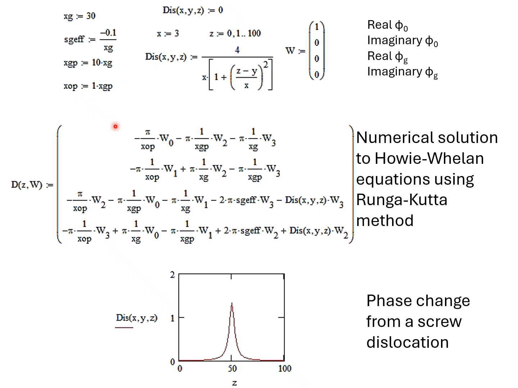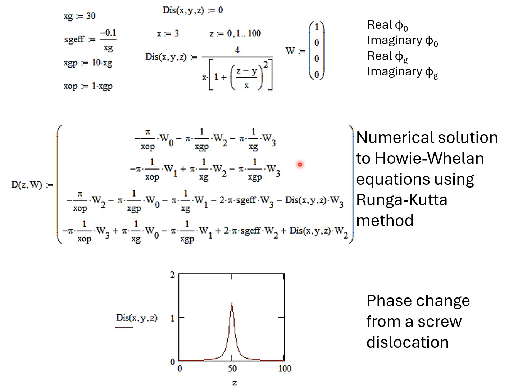Using the Runge Kutta method allows one to step through, take incremental, if you like, an iteration, change the dz, change the depth a little bit, and then calculate at each point a new factor which feeds into this array.